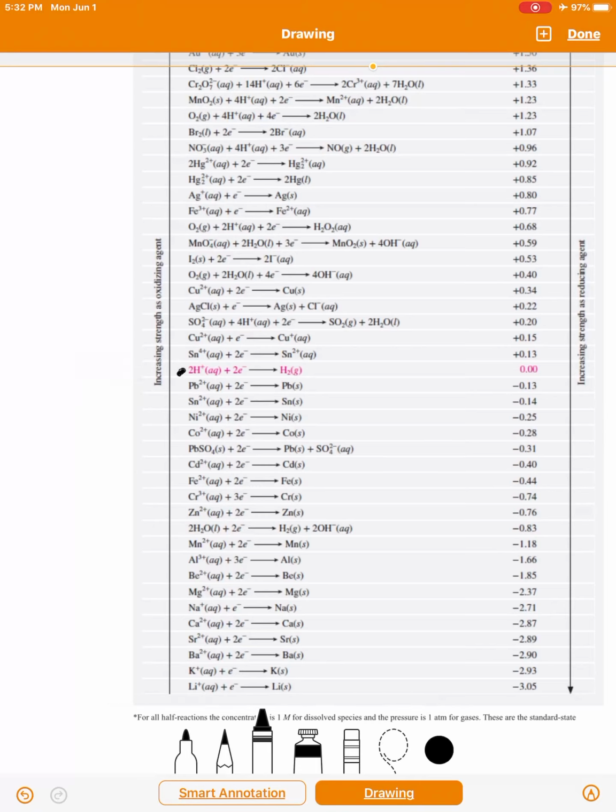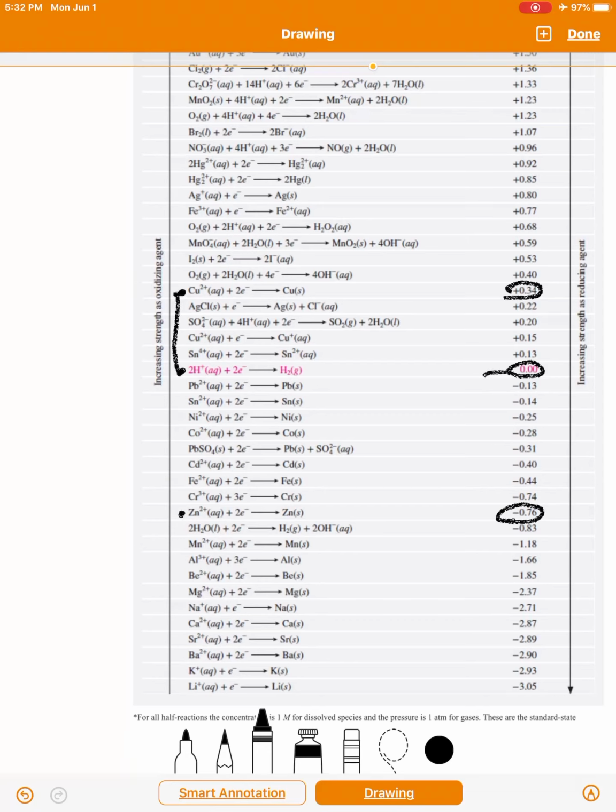So here's our hydrogen. So here's copper 2. See what the potential difference between those two are? 0.34 and 0. So 0.34 minus 0 is 0.34. That's what we saw in that particular diagram. And then the zinc is right here, negative 0.76.